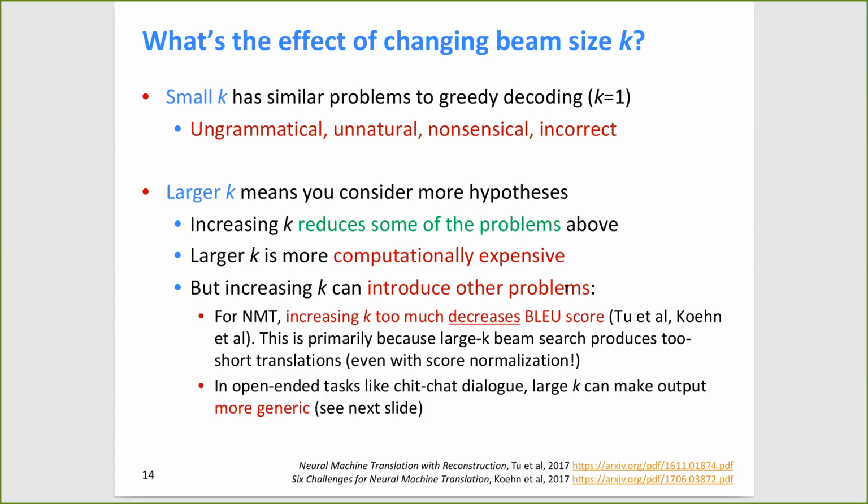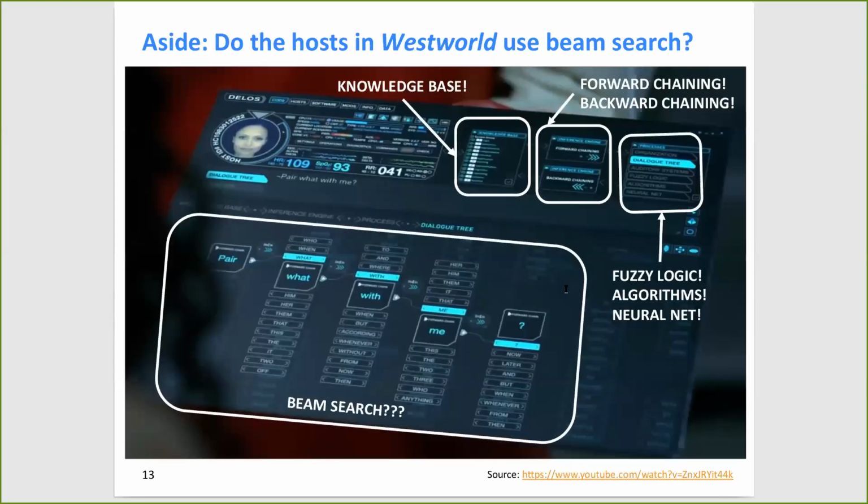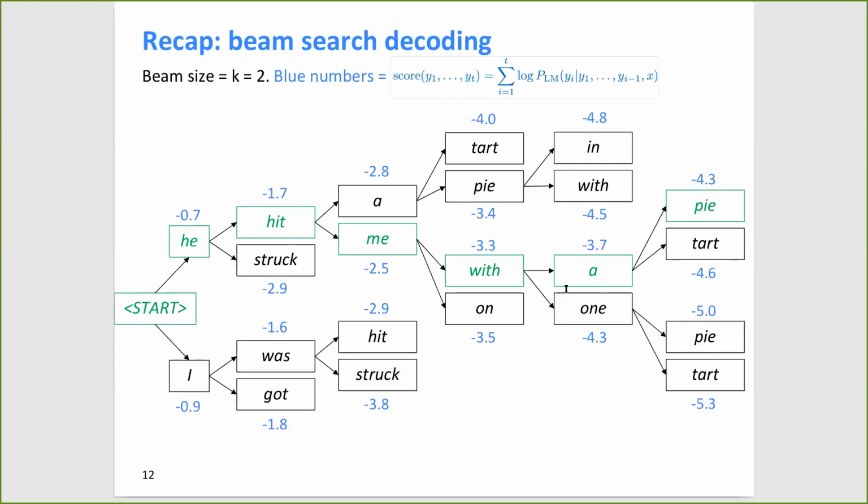So when we go for larger k, it does help in overcoming some of the problems that we have with greedy decoding or with smaller k. But it comes with some trade-offs. One is that as you increase the k, you have to do more and more computations. That's clear, because what we see here is a simple example with beam size k equal to 2.